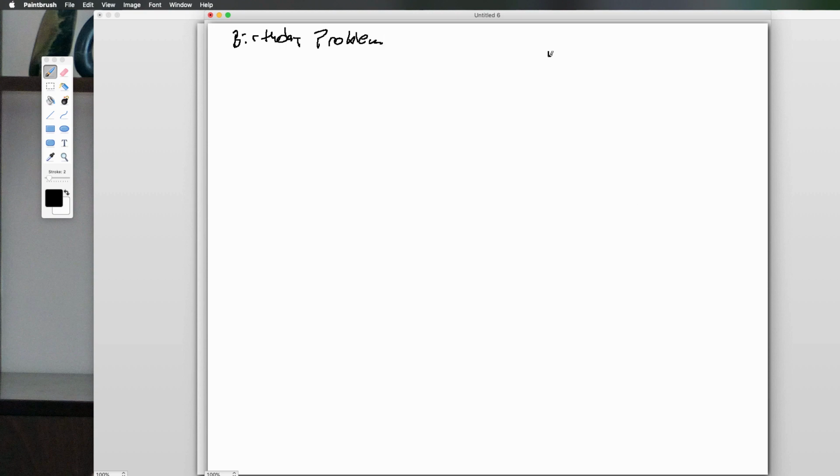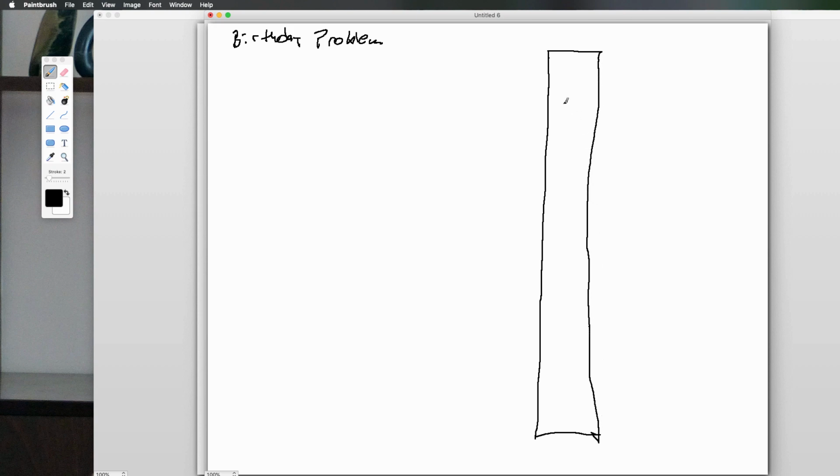There are 365 days in a year. So imagine a very big table like this: 0, 1, 2, 3, all the way up to 364.